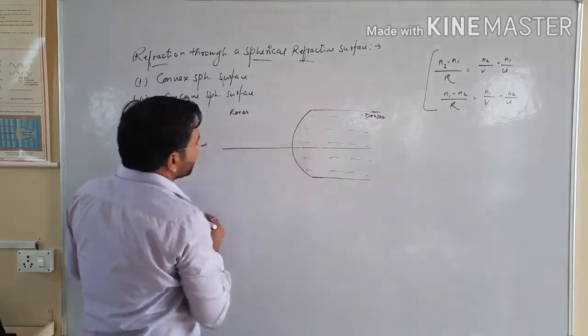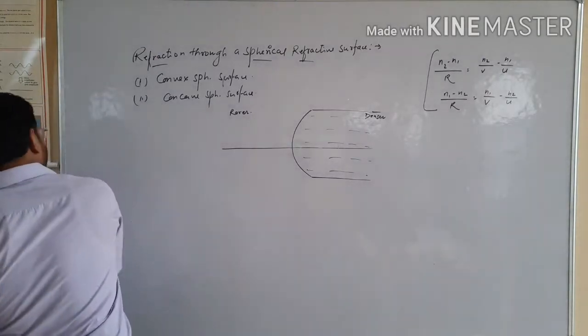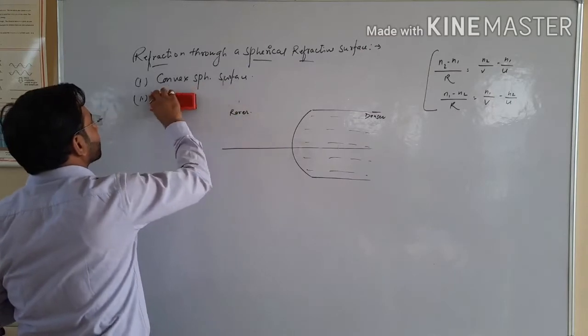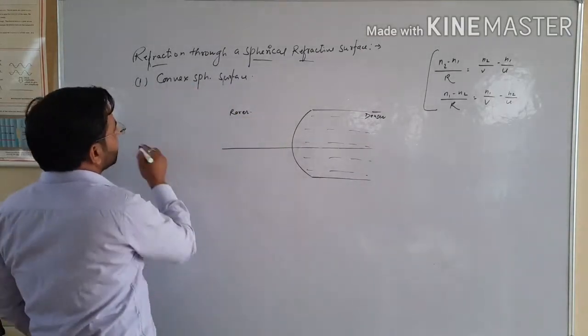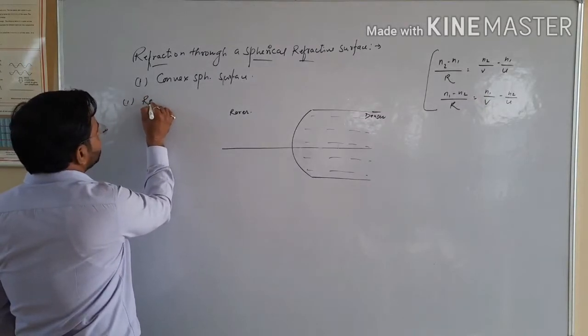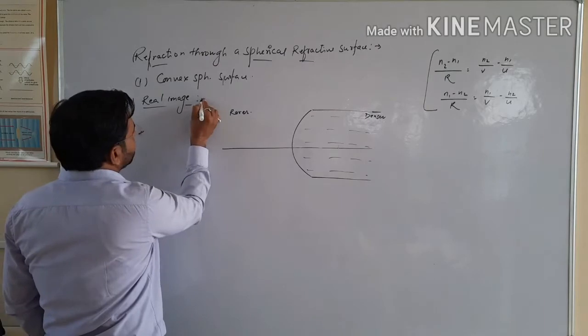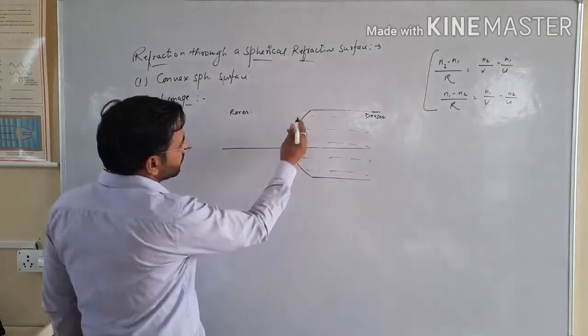Point clear, student? Now for the condition of a convex spherical surface, in case 1, the real image case, the image formed by the spherical surface is real. So we are taking this condition here.